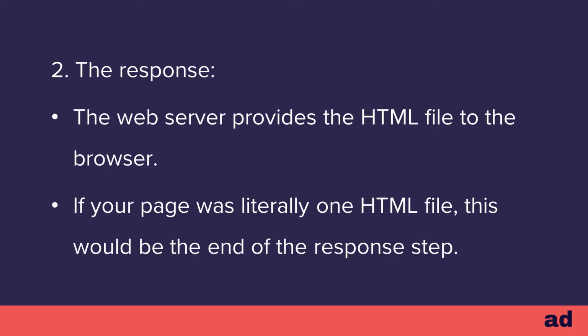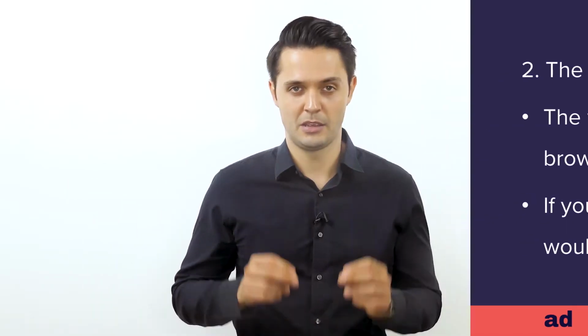The response then begins, and the web server provides the HTML file to the browser. If you had a page that was made of one single HTML text file, that would be the end of the response step. However, 99% of pages on the internet also include CSS, or styling files, JavaScript, and more. So the request and response stages take a few cycles.